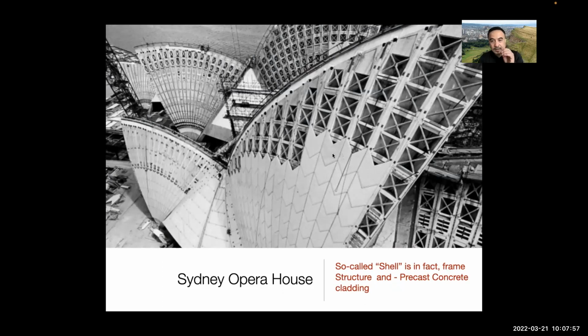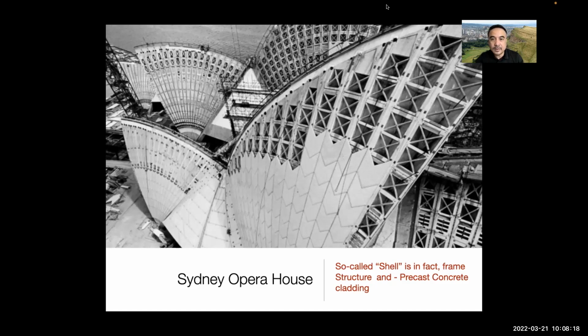So we're going to look at the development of structure. If we look at the development of structure, we did not see a change in the structural system. We see the development in joints, maybe in material, yes, and the way the precast concrete cladding was used.